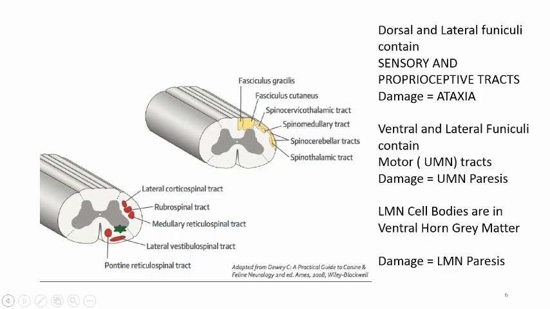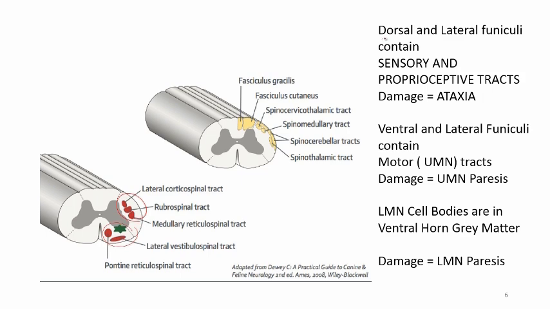Now here we have a look at our spinal cord, and we have the different little spinal tracts, and it's not important to remember what the names of these spinal tracts are. But here's the important thing to remember.